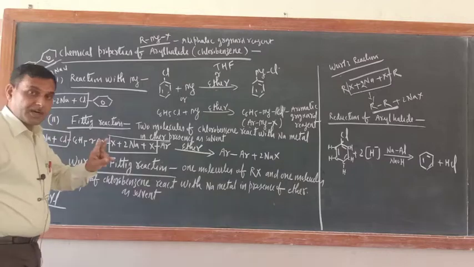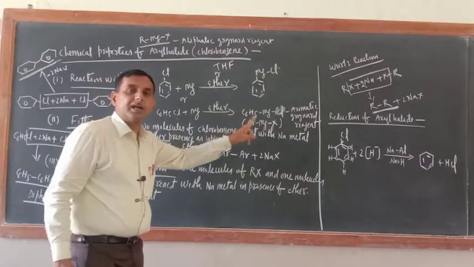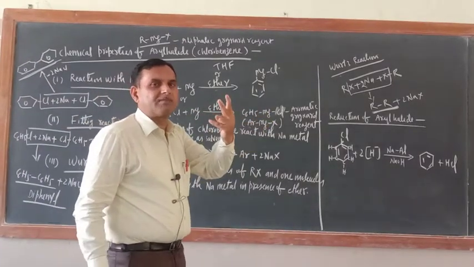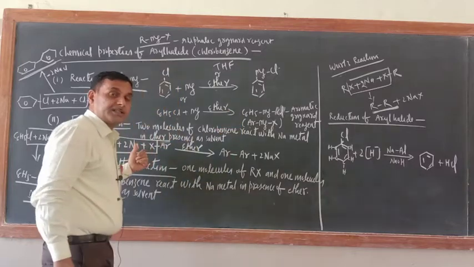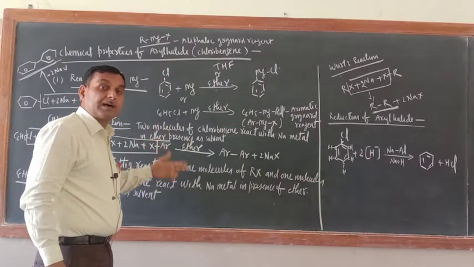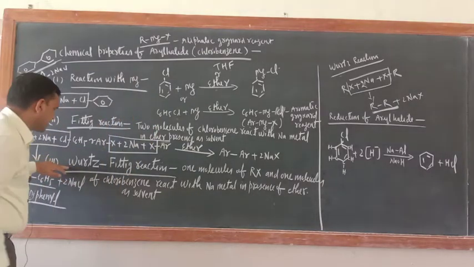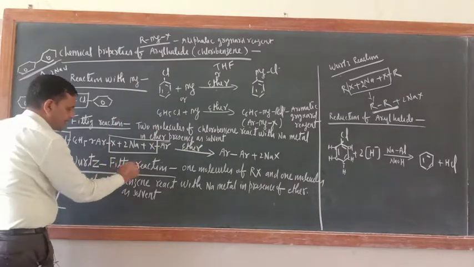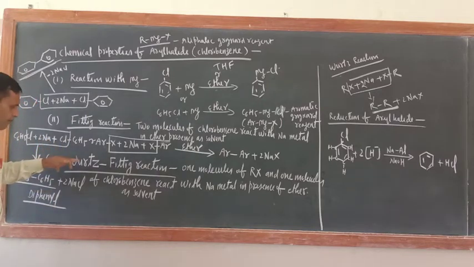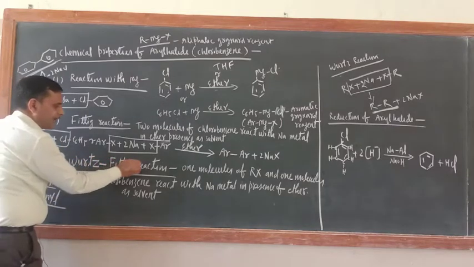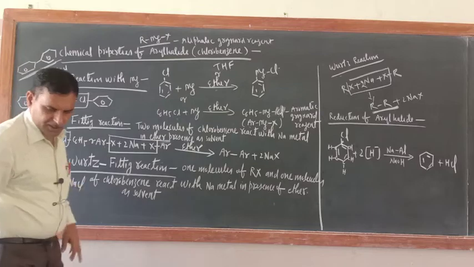So just remember, in Wurtz reaction, we are taking 2 molecules of alkyl halide. In Fittig reaction, we are taking 2 molecules of aryl halide. That is the difference. Now the next reaction is Wurtz-Fittig reaction. Just try to understand.